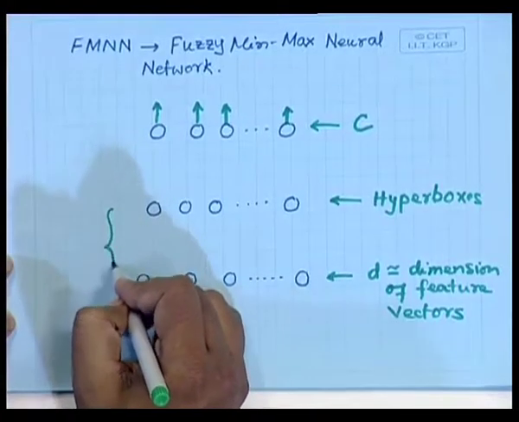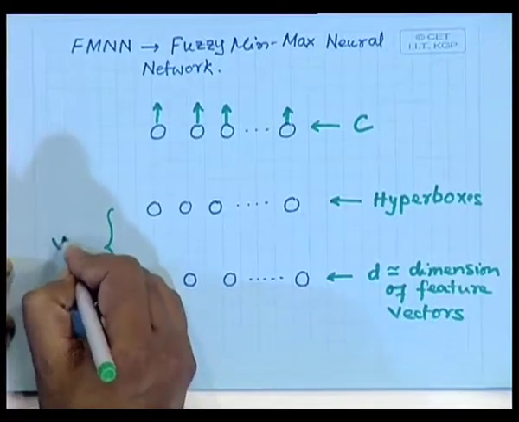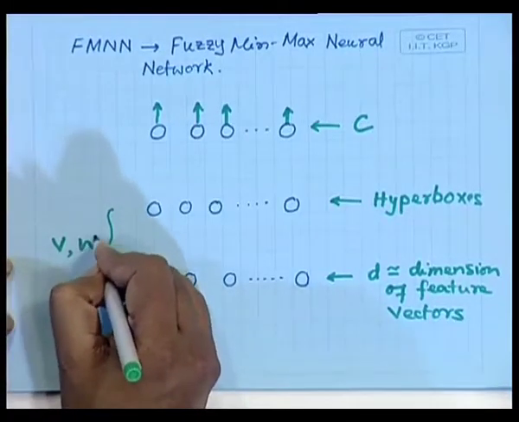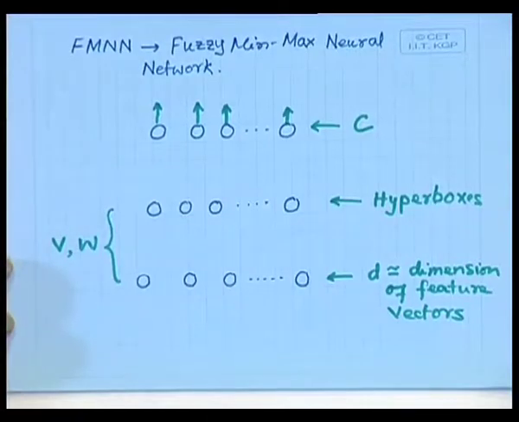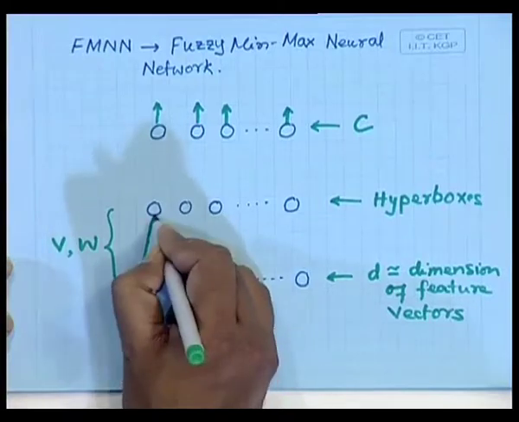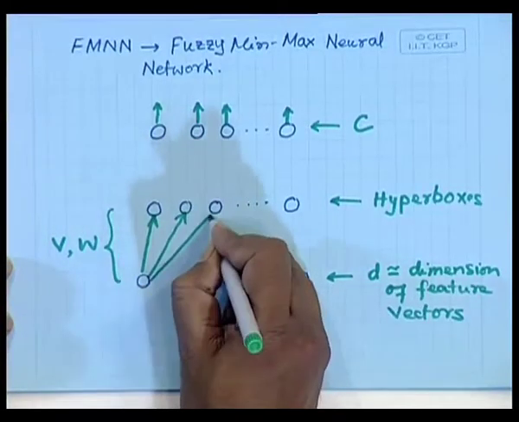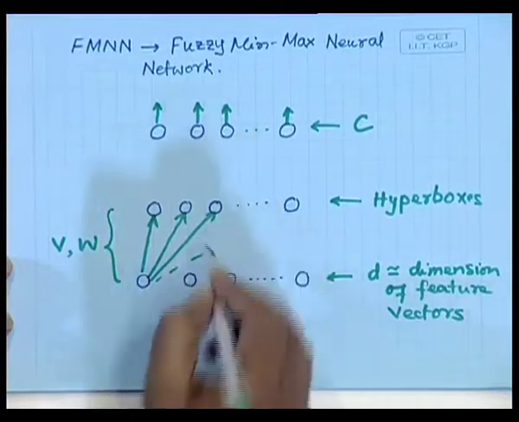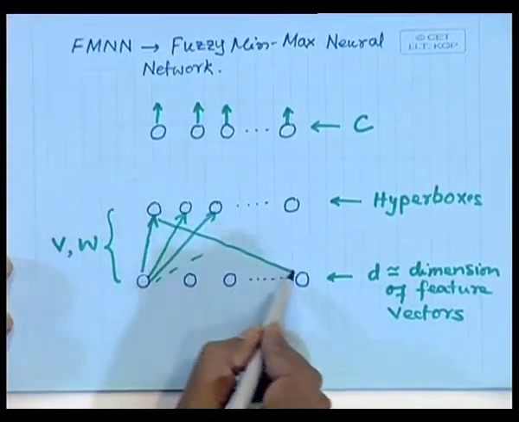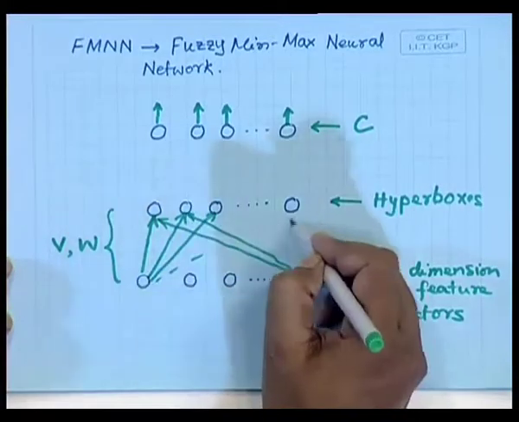So, the connections between the input layer nodes and the hidden layer nodes will be represented by two matrices corresponding to the min point V and the max point W. Okay. So, I will have all these connections from the input layer to the middle hidden layer, something like this, where these connections actually represent the min points and the max points.